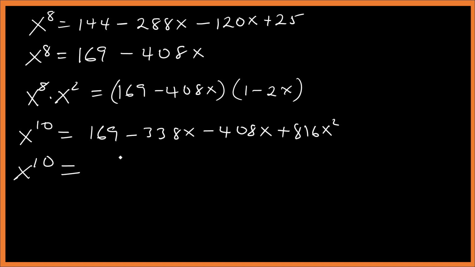So we have 169 minus 338x minus 408x, which is minus 746x, plus 816x squared.